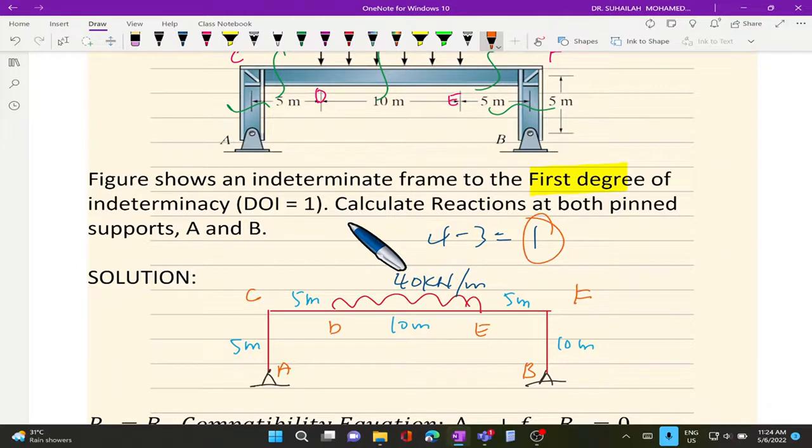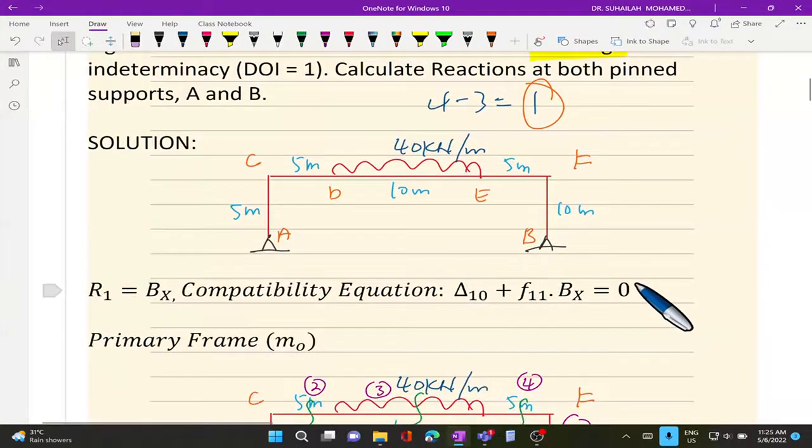So that is why we know that redundant is 1. A redundant value needs to be determined first, then only we can determine the remaining 3 reactions. So 1 redundant in this frame we have to determine using compatibility equation, and compatibility equation is also called flexibility equation.